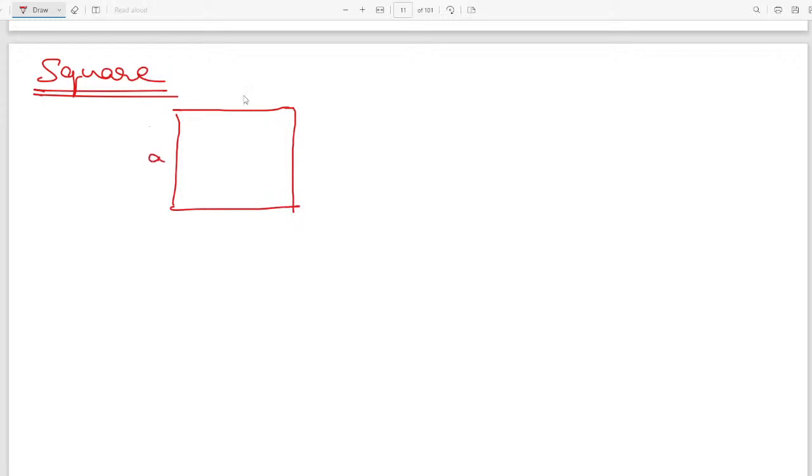This is A, and A. All the four sides are equal and parallel, and all the angles are also equal, and they are equal to 90 degrees. This would be a square. And here perimeter is equal to 4 times A, that is A plus A plus A plus A. I am adding the length of the sides here, 1, 2, 3, 4, 4 times A.